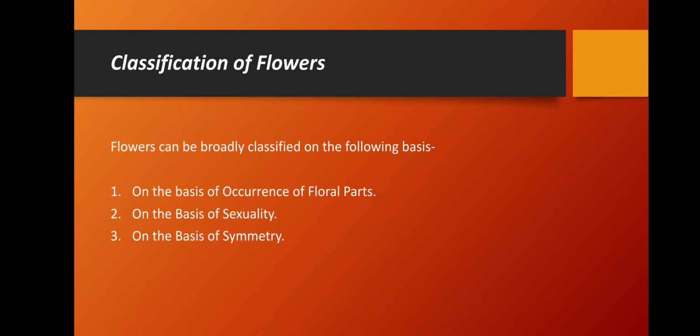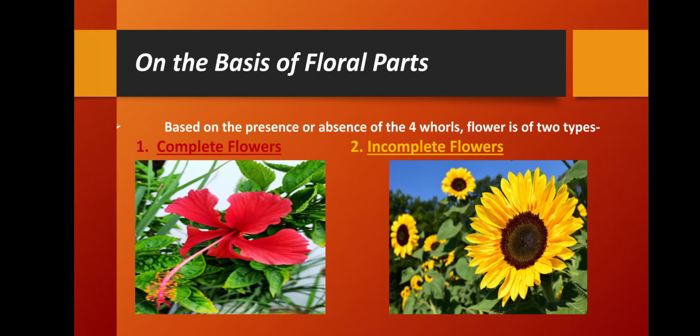Flowers differ from each other in various ways. These differences may be marked by the presence or absence of floral parts, the accessory structures, and on the basis of sexuality, symmetry, inflorescence, and placentation. So let's discuss these classifications of the flower one by one.